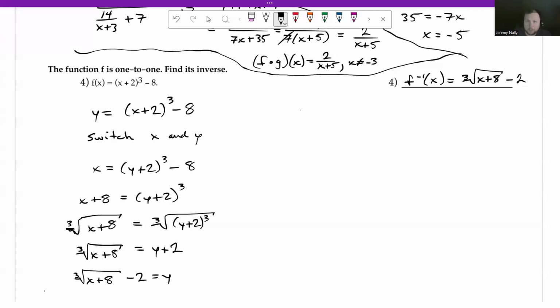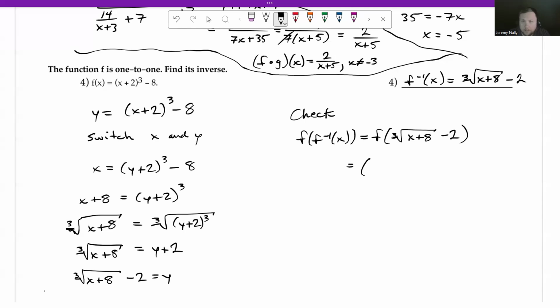And then you can certainly verify. So if we do f of inverse f of x, so then that's going to be f of the cube root of x plus 8 minus 2.